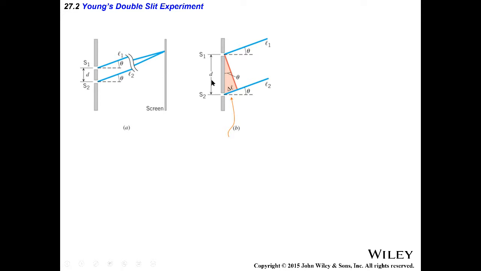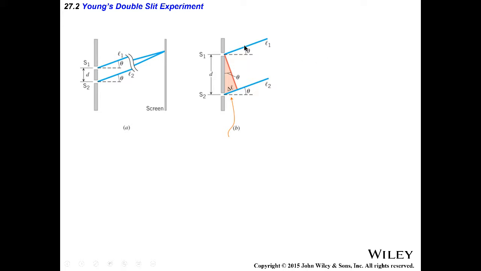That's just algebra. And we now say that the angle where this fringe will occur, the angle relative to my original horizontal direction, let's call that angle theta.